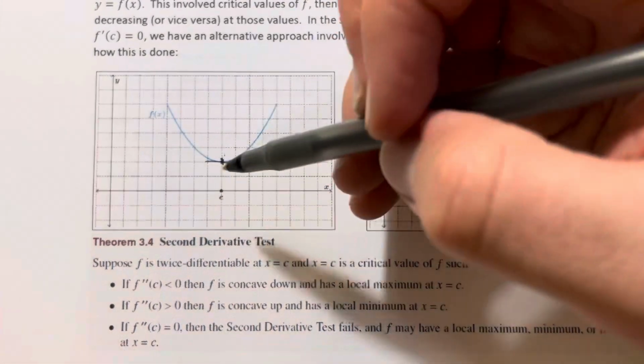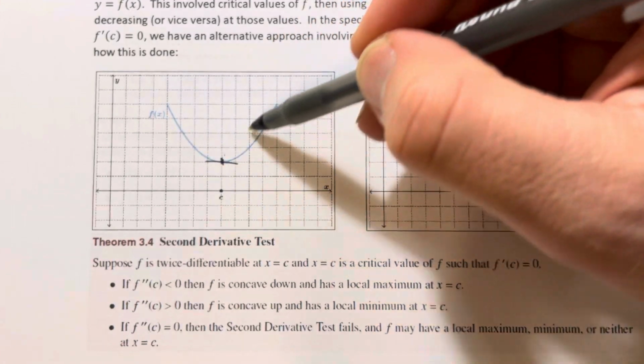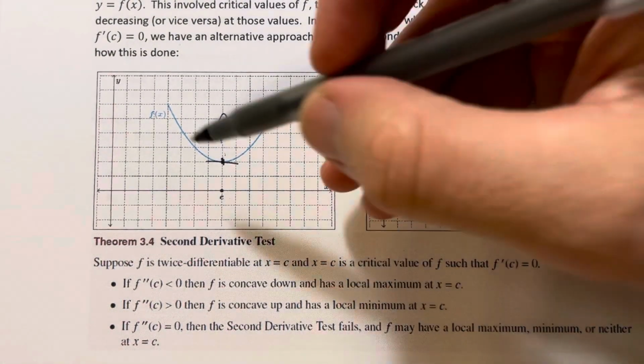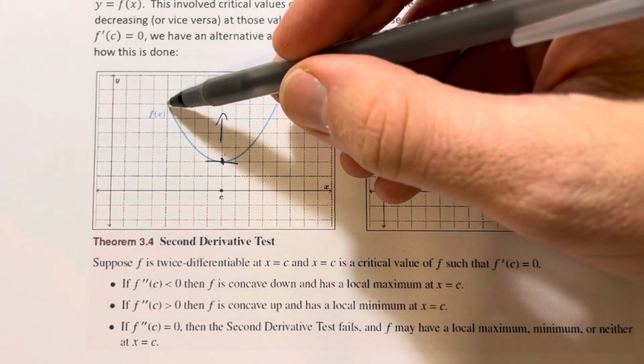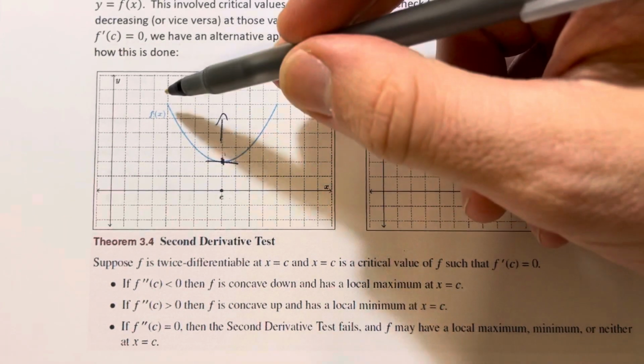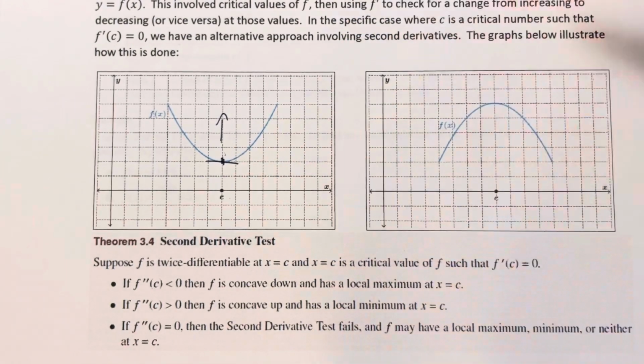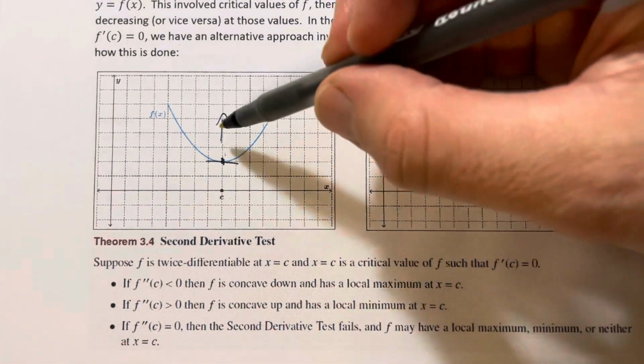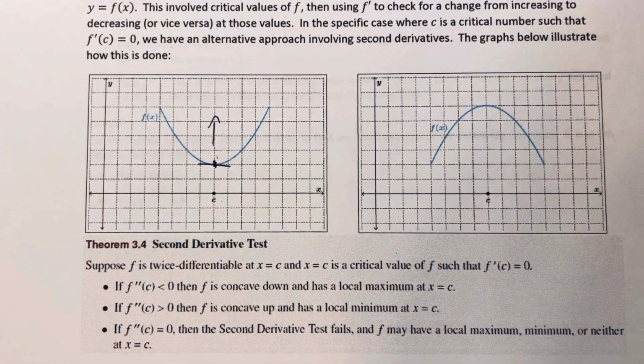But another thing worth noticing is that the function is concave up here. Notice we have concave up. So when a function is concave up, that means that the curve is going to take the shape of one of these valleys, which tend to have these low points. So that's the observation that we're going to use in the second derivative test.